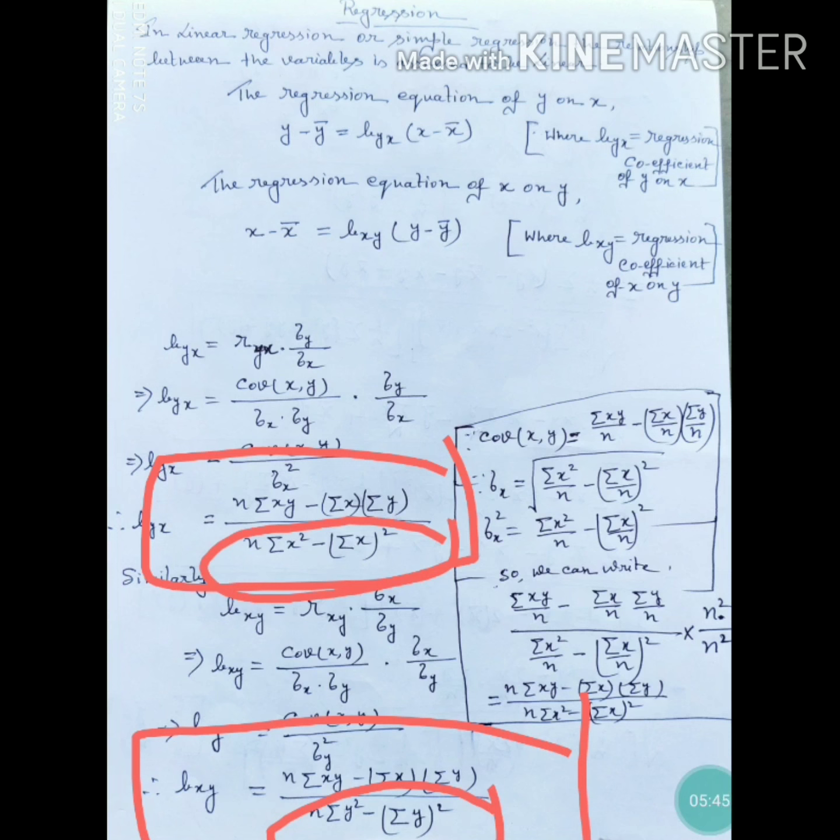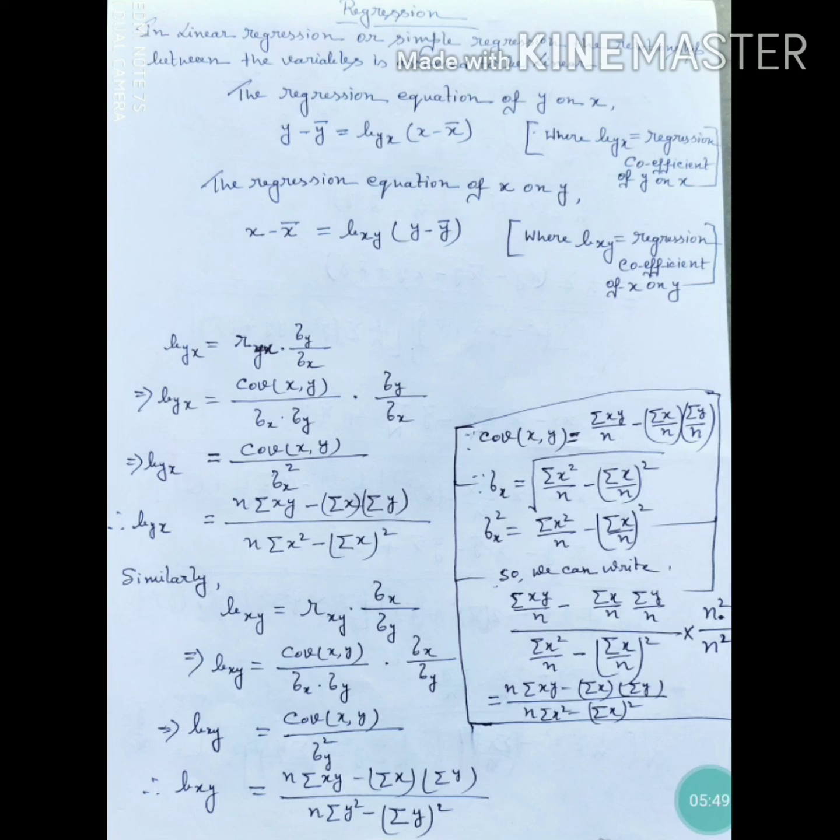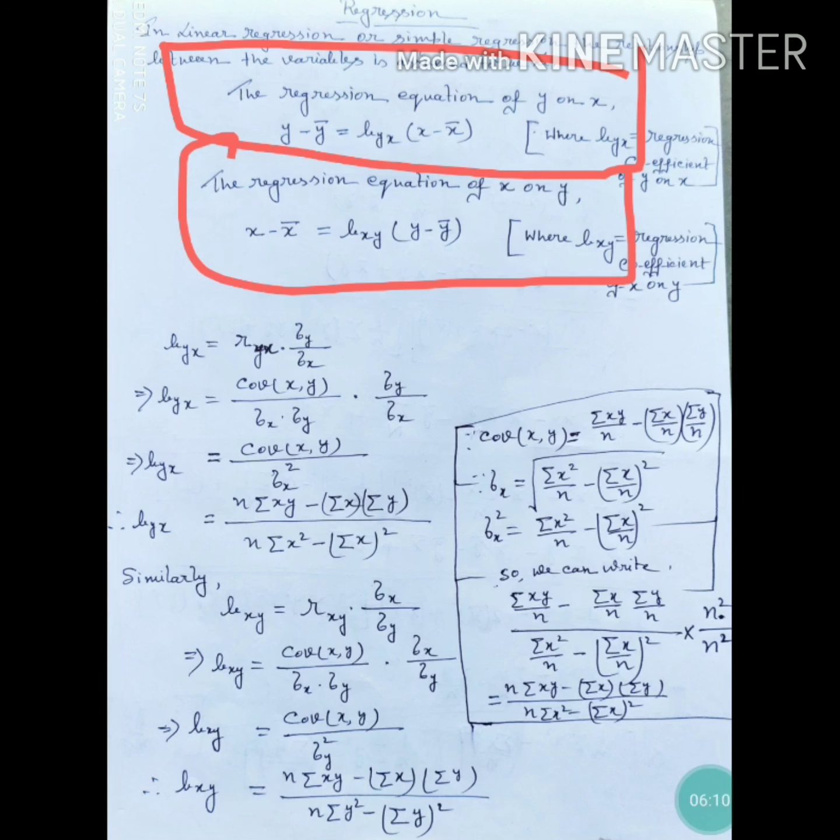Now if we jot down all the formulas, you should remember them. The regression equation of y on x: y minus y bar equals byx into x minus x bar. The regression equation of x on y: x minus x bar equals bxy into y minus y bar.